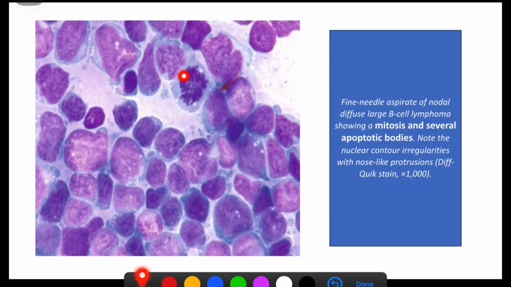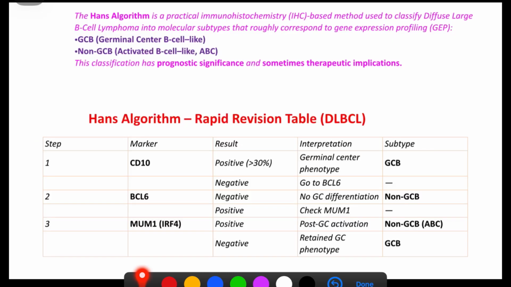This is a mitosis, and some apoptotic bodies may be seen, but here they are not visible. But you can appreciate these are angulated nuclei, some having nose-like protrusions, and this is again a DLBCL.